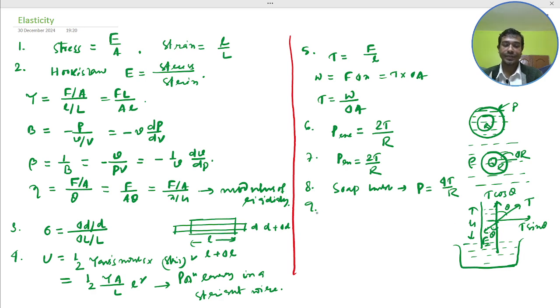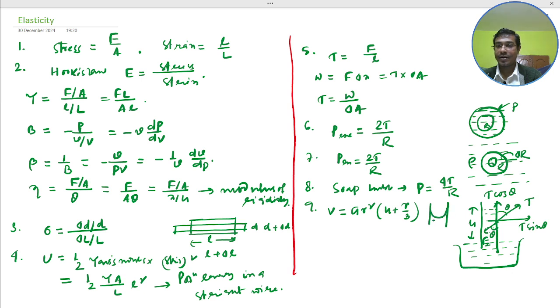So here the volume of water raised in the tube, the volume V would be pi r squared into h plus r by 3, where r is the radius of the tube, in a capillary.